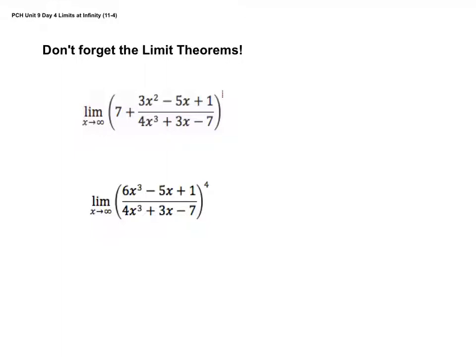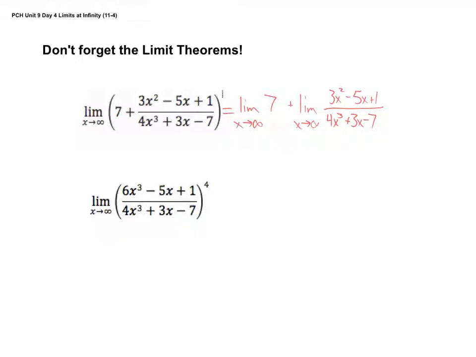If I'm doing this using my limit theorems, I can separate this: the limit as x approaches infinity of 7 plus the limit as x approaches infinity of all of that, 3x squared minus 5x plus 1 over 4x cubed plus 3x minus 7.